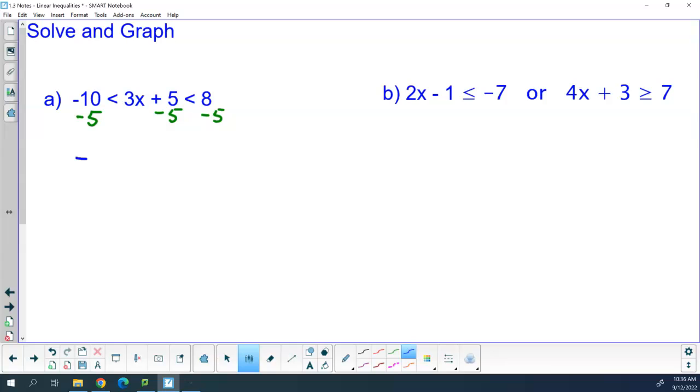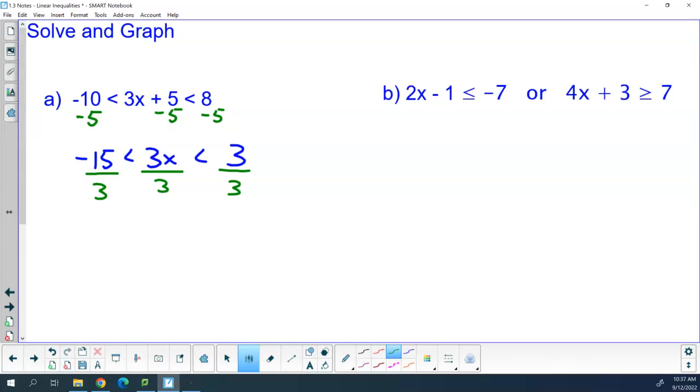Negative 10 minus 5 is negative 15, is less than 3x, is less than 8 minus 5, which is 3. Next, we would want to divide by 3, which means I've got to divide by 3 in all cases.